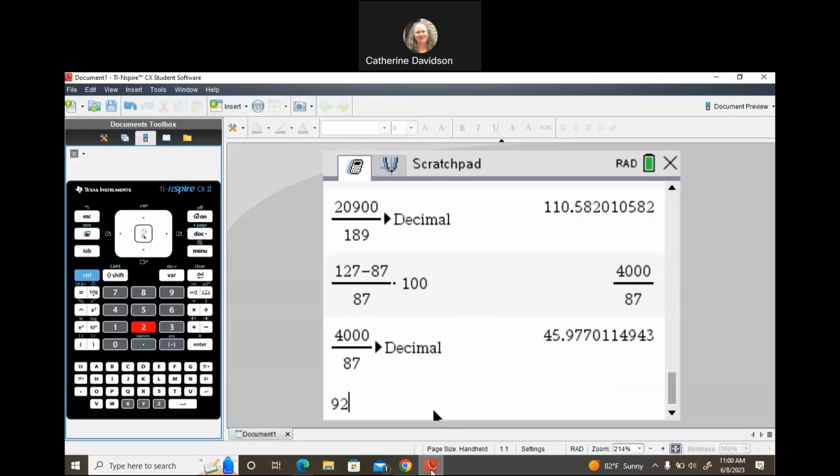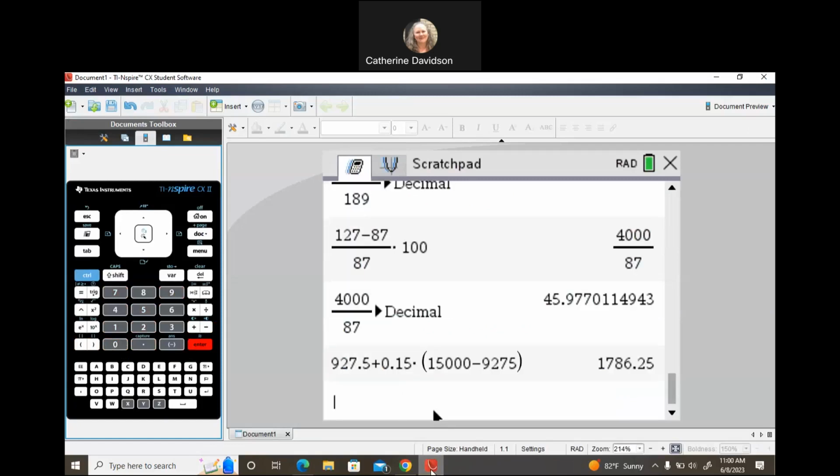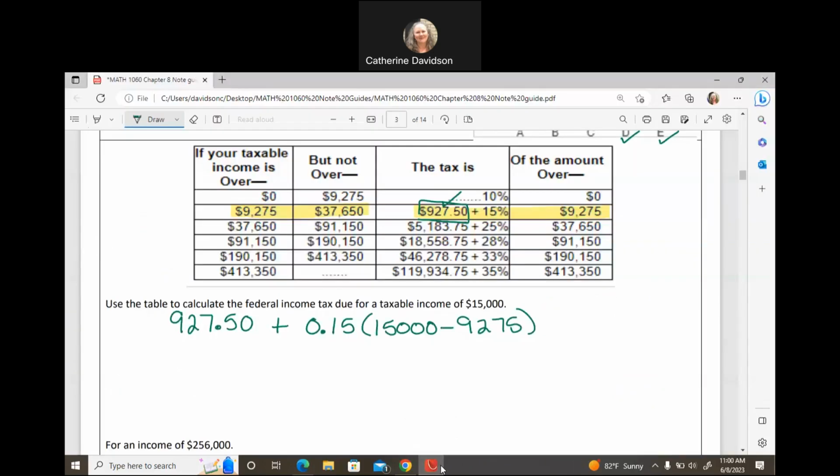Again, I would definitely write this out on a paper before you put it in the calculator. So $1,786.25. So that is going to be your tax if you make 15,000 a year.